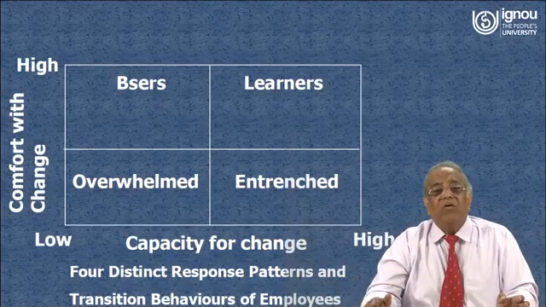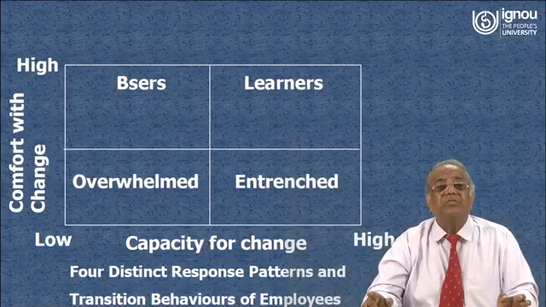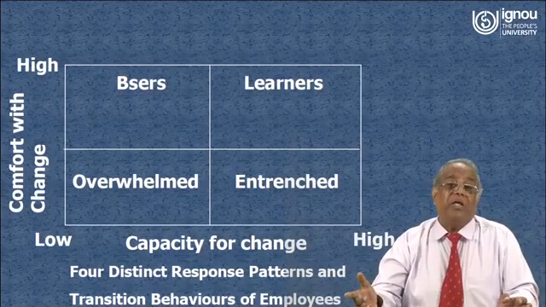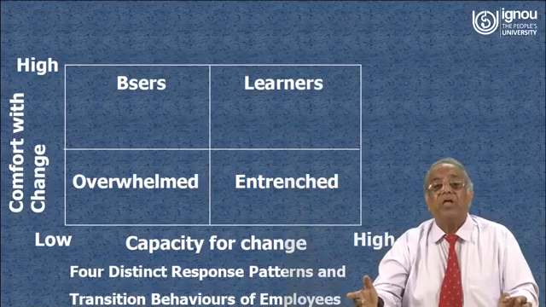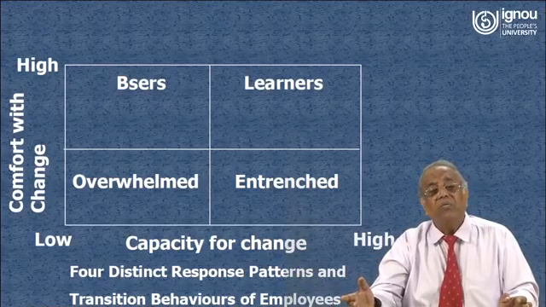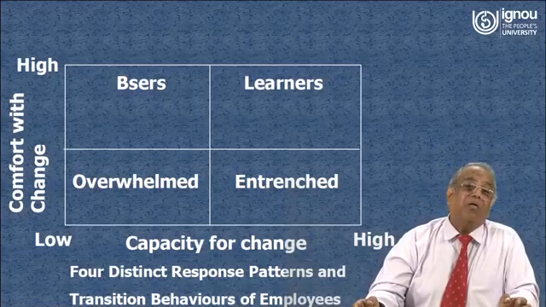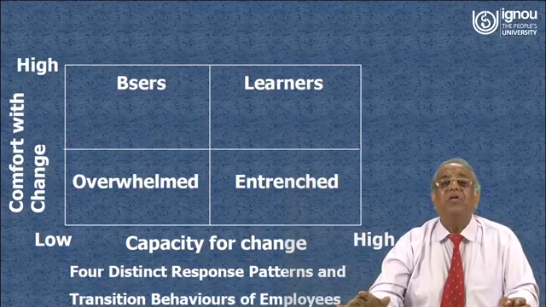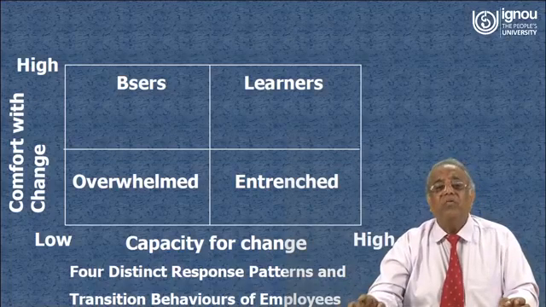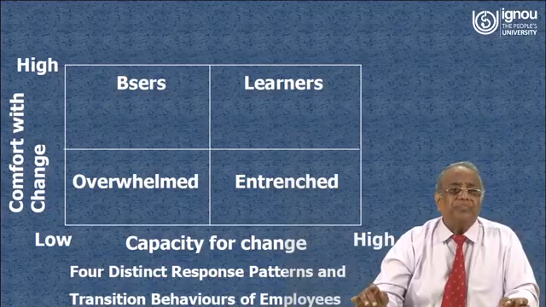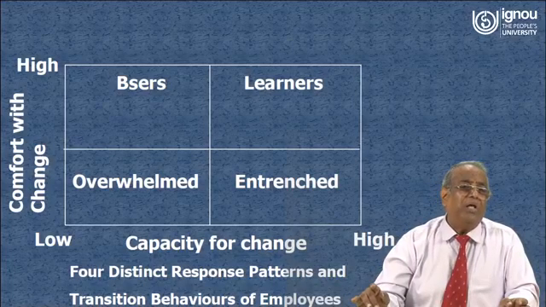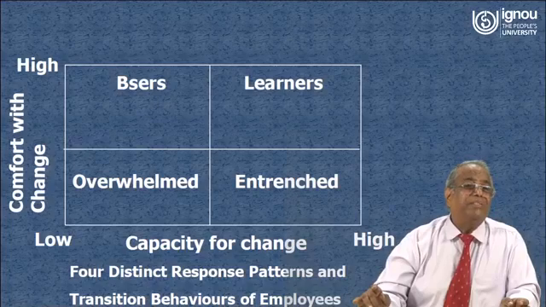Now, for the second case we have discussed, the capacity for change is high. That means that person is skilled and can do the work, but their comfort with change is less. So that is not a favorable scenario for employees to take part in the changing process. For the third case, comfort with change is high, but capacity for change is less.